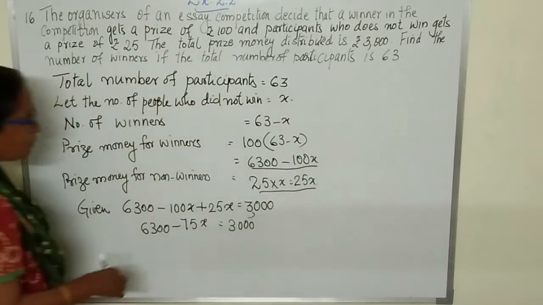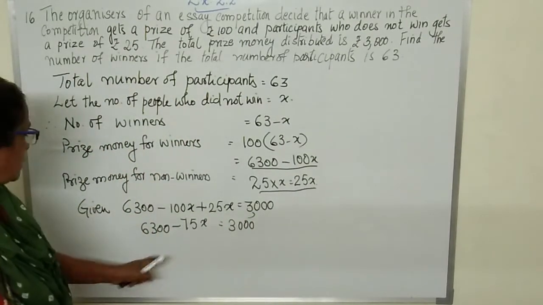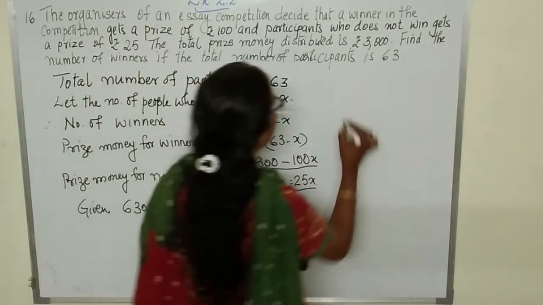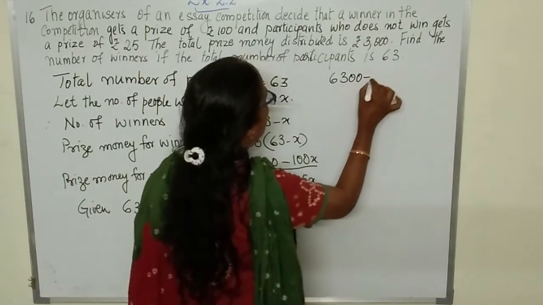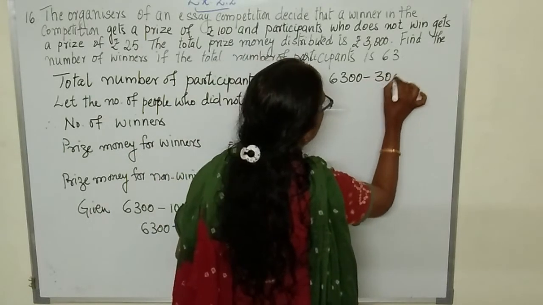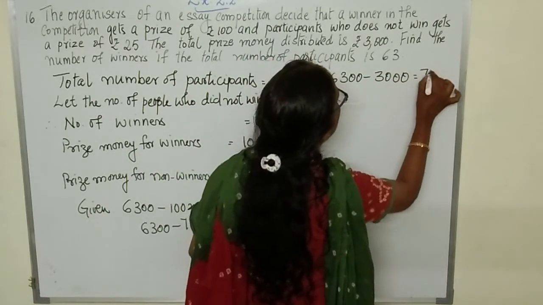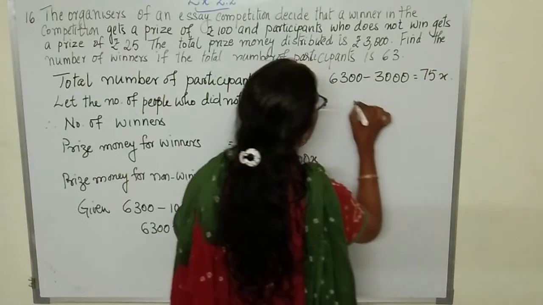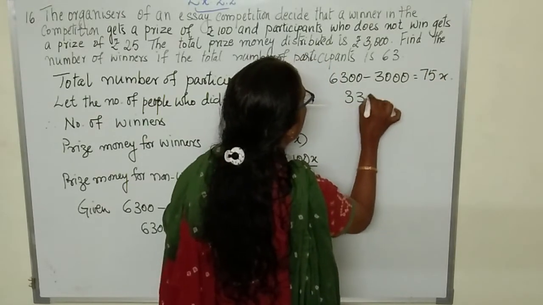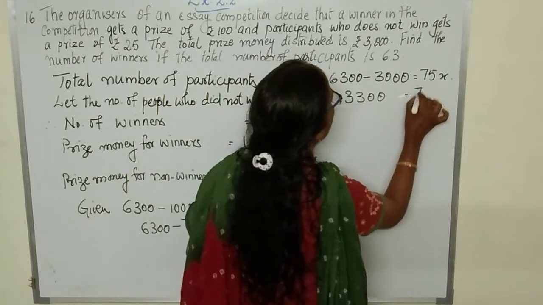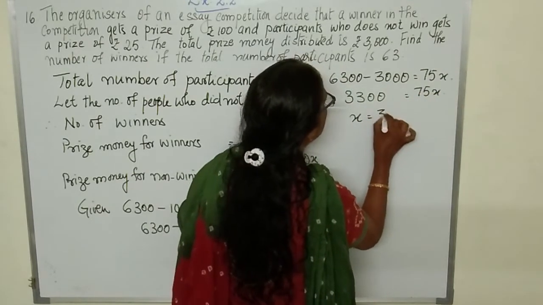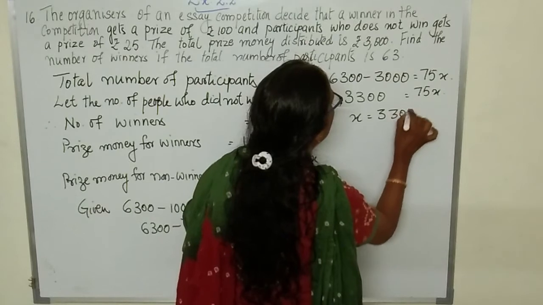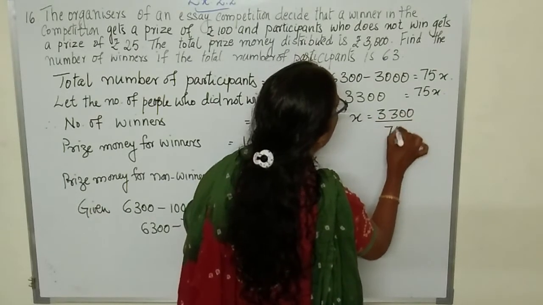Now from this we have to find the value of X. How will you find? 6300 minus 3000 is equal to 75X. That is 3300 is equal to 75X. So X is equal to 3300 upon 75.